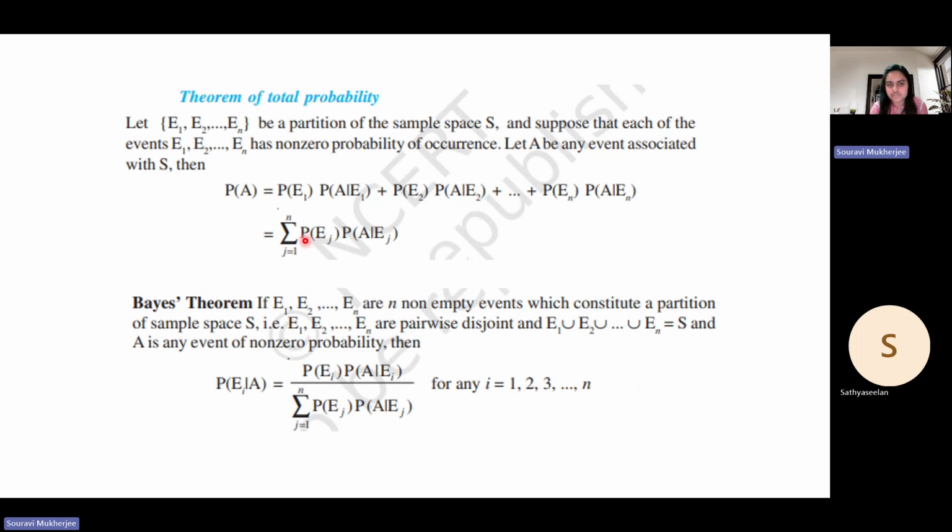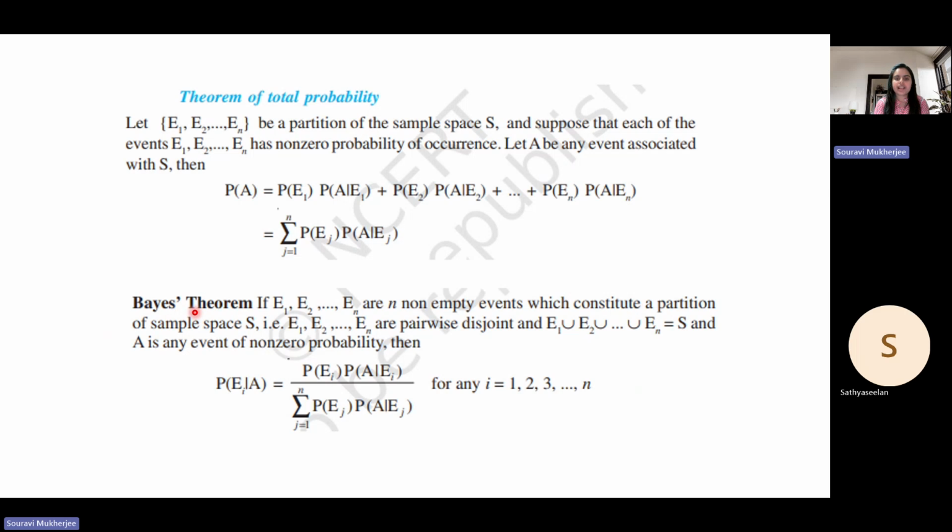That will be the summation of this stuff. So we'll solve some questions so that we get an idea about it. Just remember this because later when we talk about continuous probability density functions, these ideas will come up.